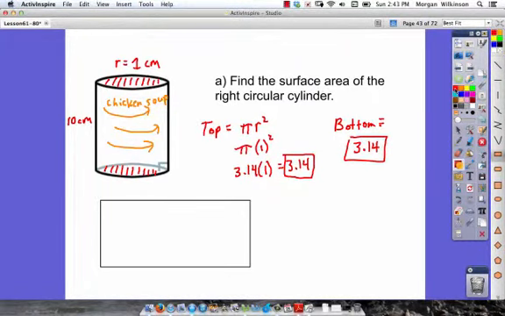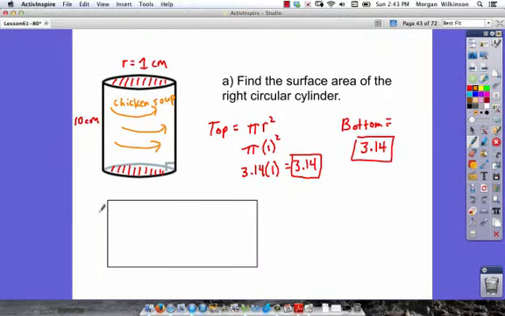So for this rectangle, we know that the height of the rectangle, or the width, is going to be 10 centimeters. And what we need to figure out is the length. And the length is just the distance that goes around the outside of our whole can. That must be the circumference of the circle.